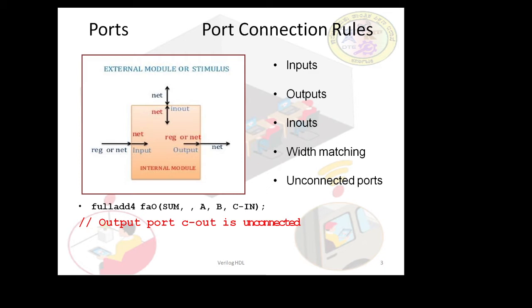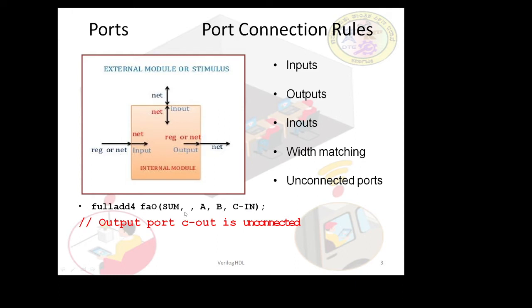And then unconnected ports. Verilog allows ports to remain unconnected. This is an example wherein we have taken a 4-bit full adder with the component name FA0, wherein we have 4 bits of sum, 1 bit of Cout, 4 bits of A, 4 bits of B and a single bit of C in.